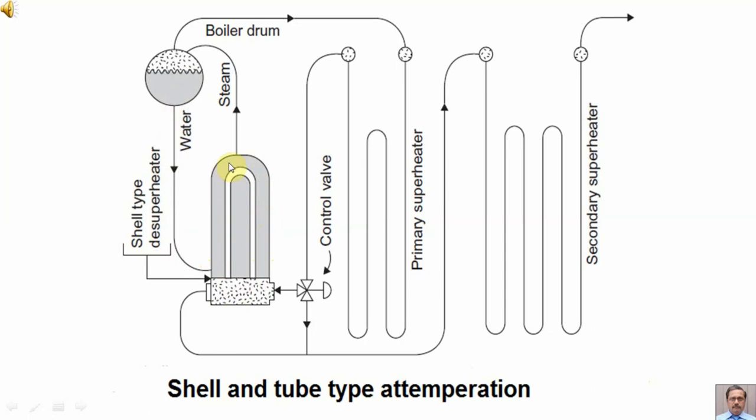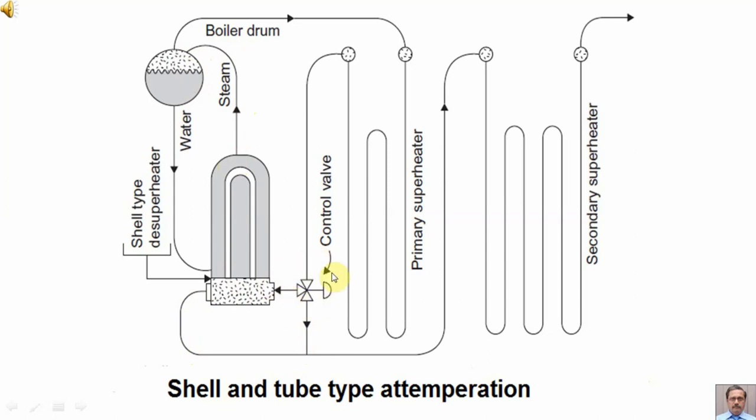Drum water is getting converted into steam, and steam is going back to the boiler drum. And in this process, the steam is getting cooled, and this cooled steam is again mixing with the hot steam here. For this purpose, we are having a control valve.